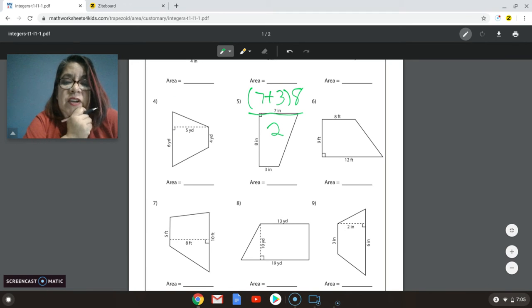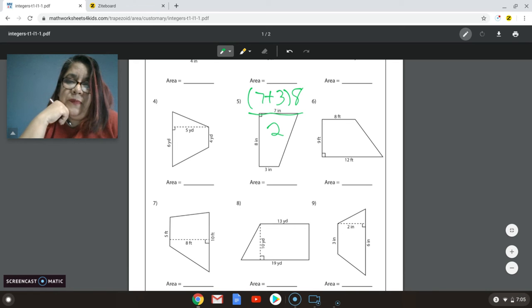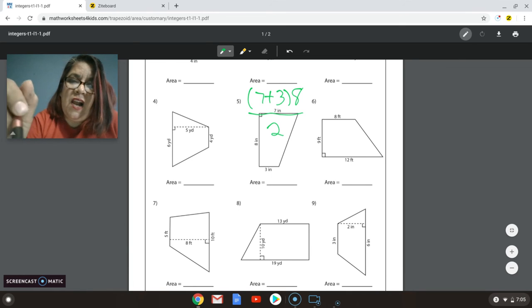So is my area going to be in inches squared, or poodles? Awesome. What is the final answer for this problem? Great job. Okay, let's do a couple more together.